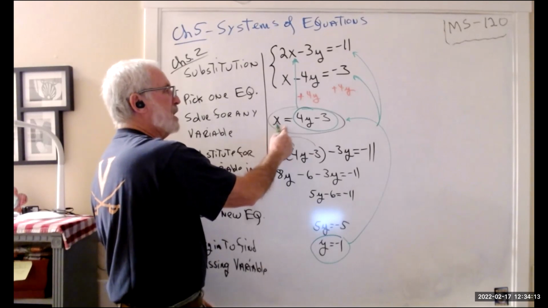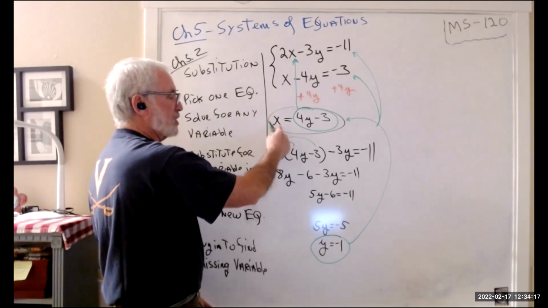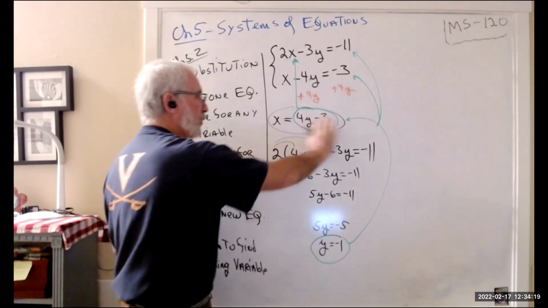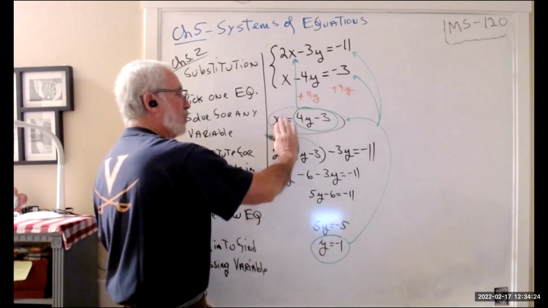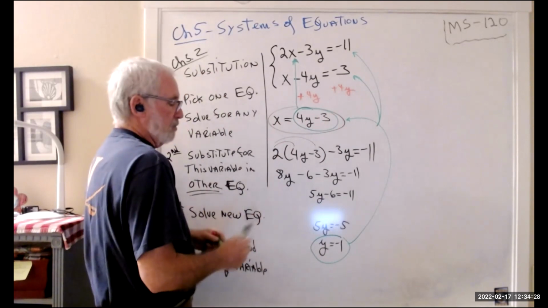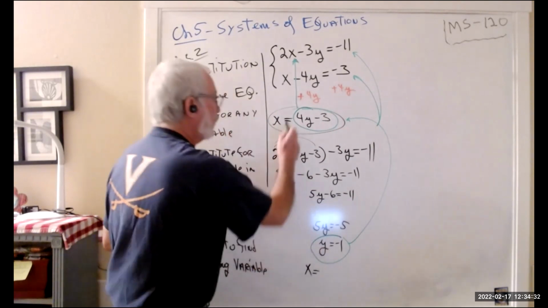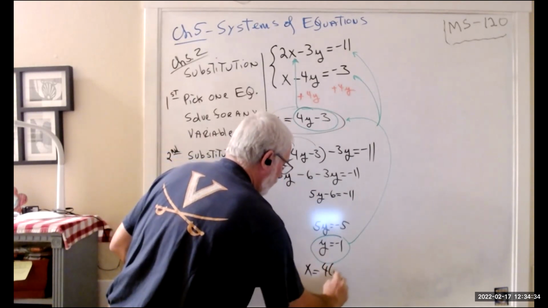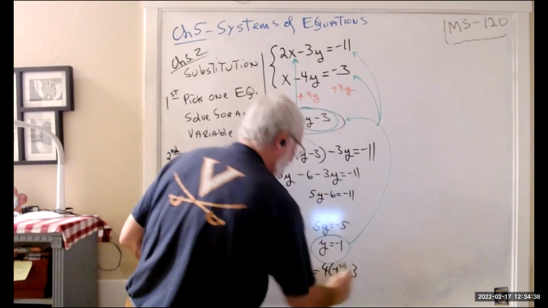I just manipulated it a little bit. I would plug it into here because it says x equals this answer. So if y is negative 1, x equals this answer if I plug in negative 1. So x equals 4 times negative 1, minus 3.